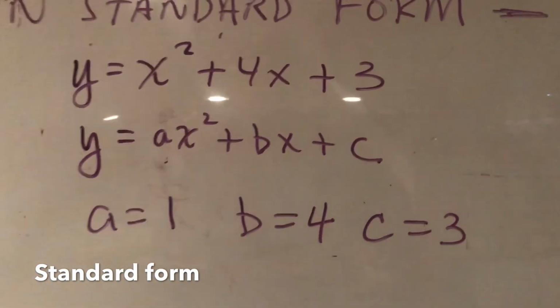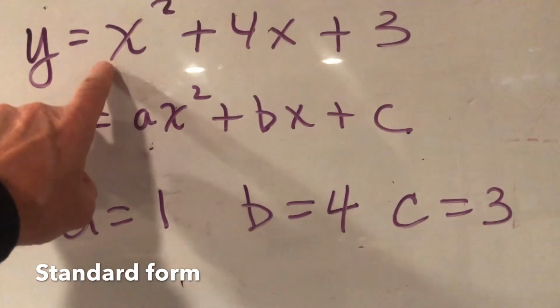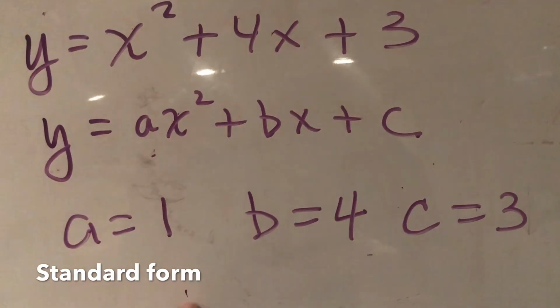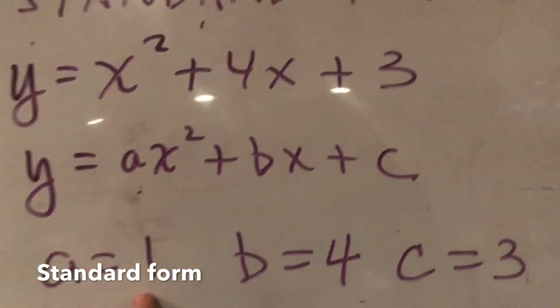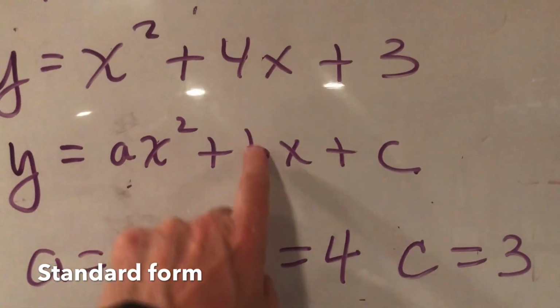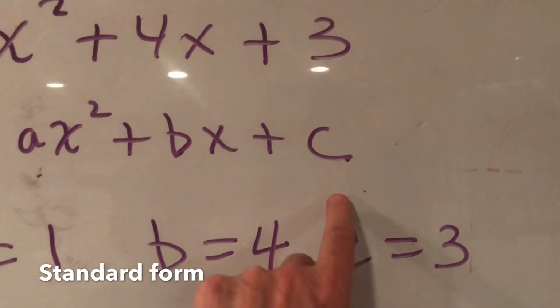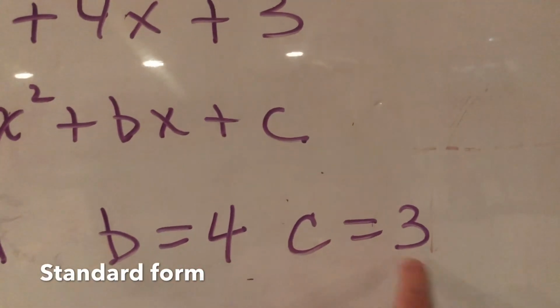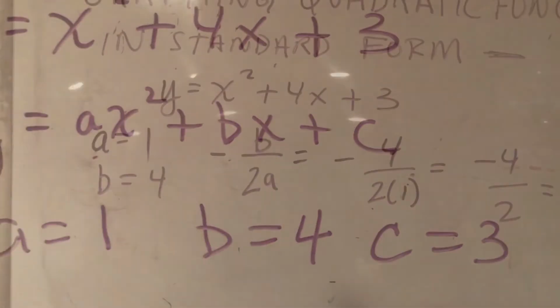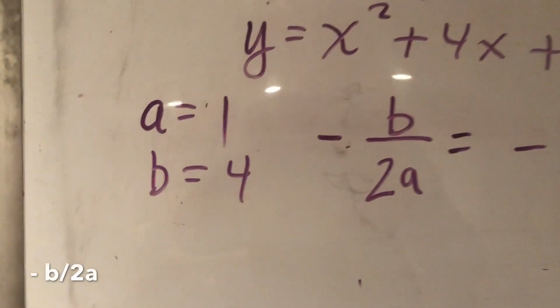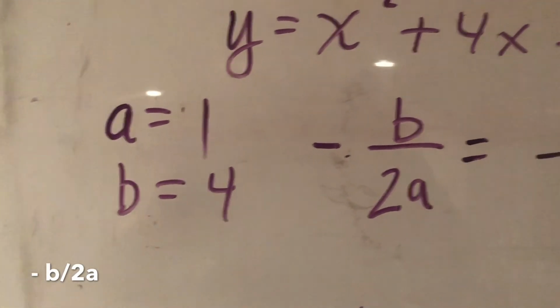In this case, our a is 1, our b is 4, and our constant c is 3. And I'm going to show you why we need to know that.